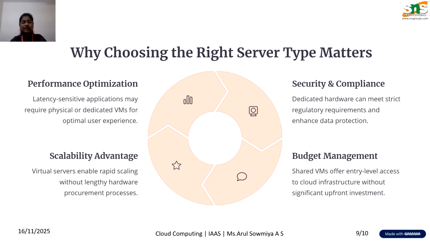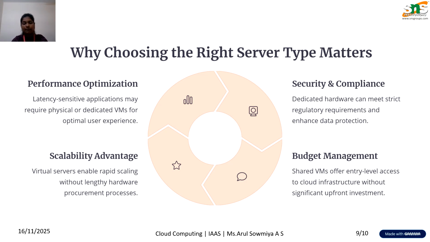So why does choosing the right server type matter? Here, there are four points, which are performance optimization, security and compliance, scalability advantage, and budget management. Performance optimization optimizes latency sensitive applications that may require physical or dedicated VMs.